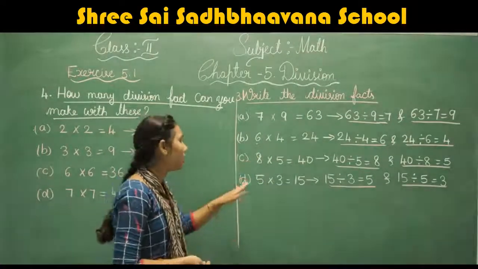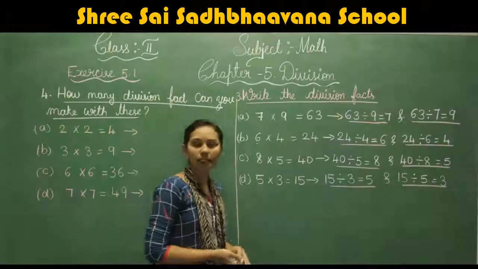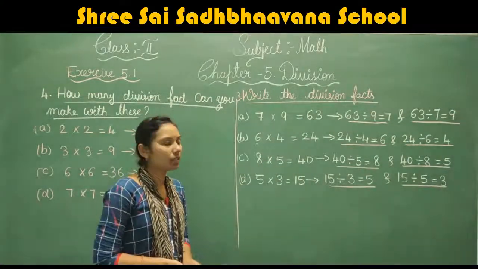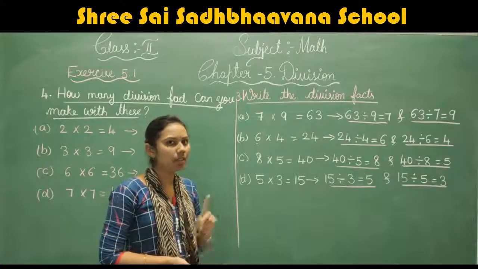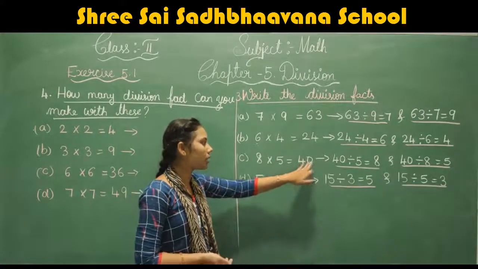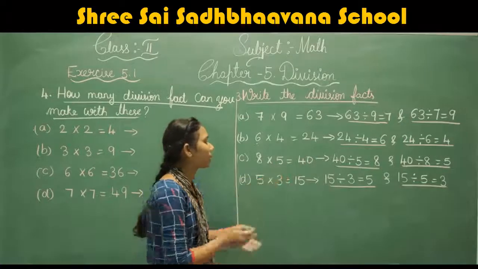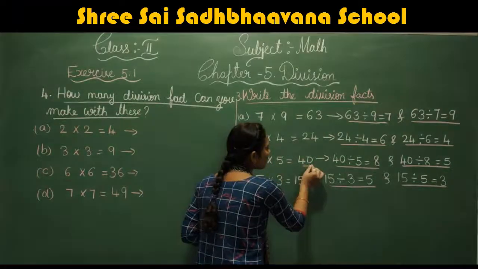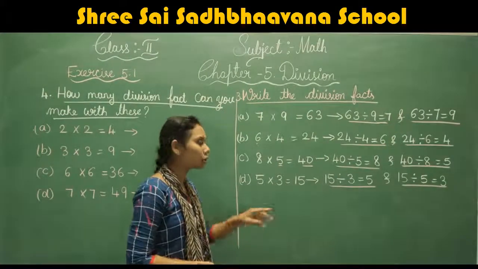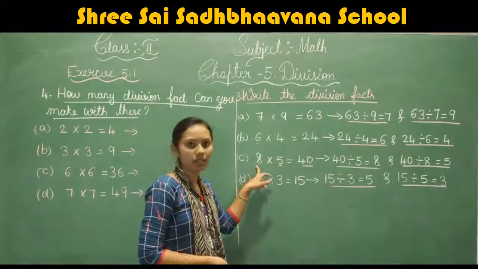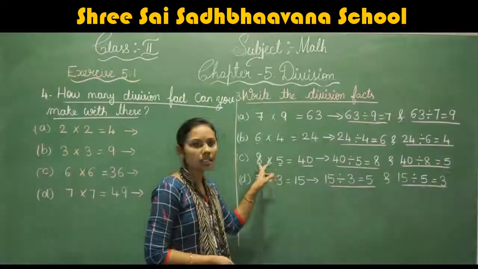Next question we will see 8 into 5. 8 5s are 40. You are going to write the two division facts. The first one is when you divide this 40 by 5, you will get the quotient 8.